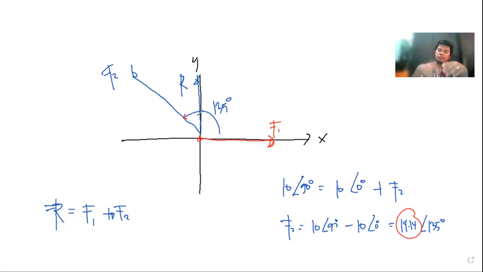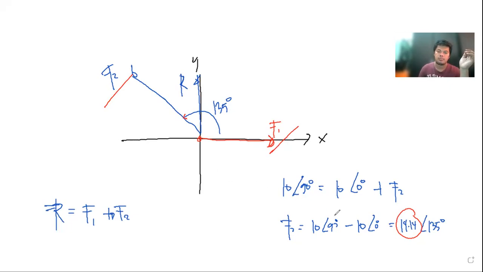If you have two forces, the resultant force will always be in between the two. Just like with this one, F2, F1, the resultant force is now in between the two forces.